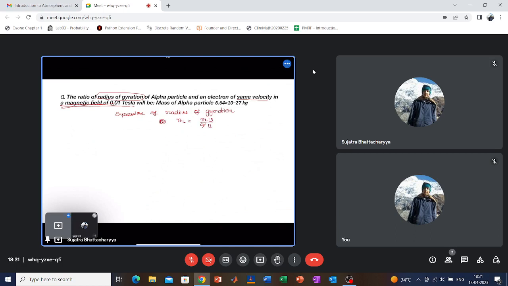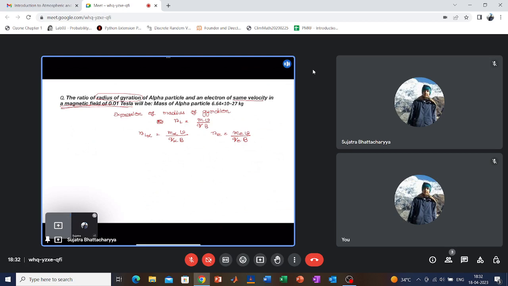Now write it for the alpha particle. So RL alpha will be equal to m alpha, v alpha, divided by q alpha and B alpha. See, this B and v are the same thing, and RL of e is nothing but me v divided by qe and B. So v and B are the same.